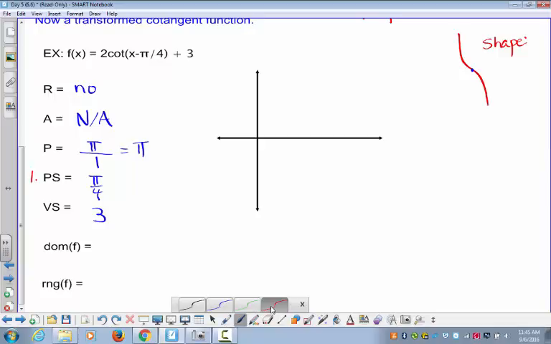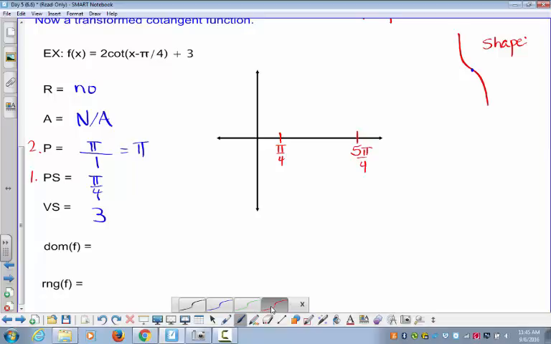Let's get that on the graph. Okay. And then the period. Just like sine and cosine, just add it to the phase shift. Tangent is the only one where the period is on the midpoint. On the phase shift as a midpoint. So we have to add the period to the phase shift. So 5 pi over 4.